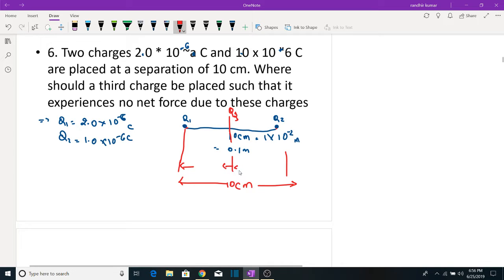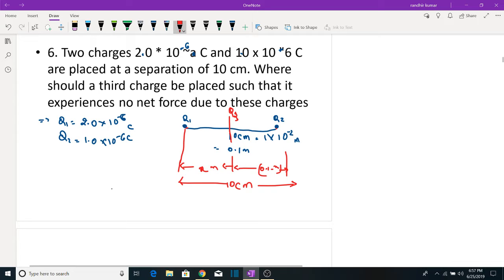If the distance on this part is x meter, then the other is 0.1 minus x meter.